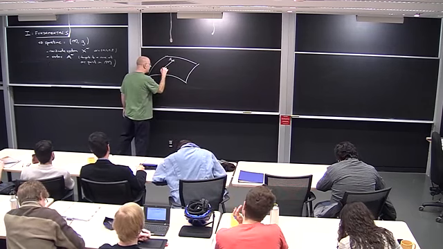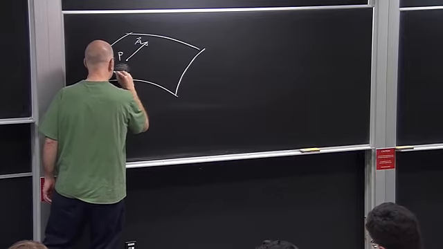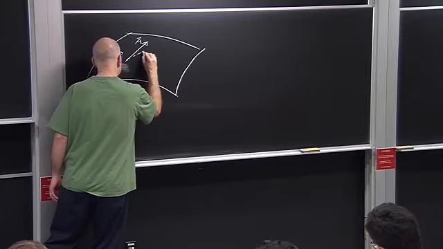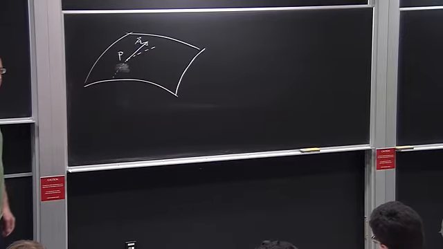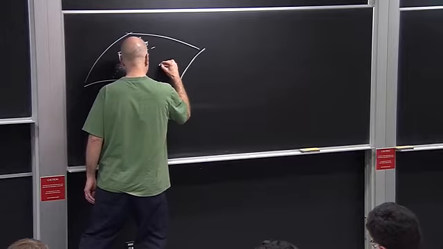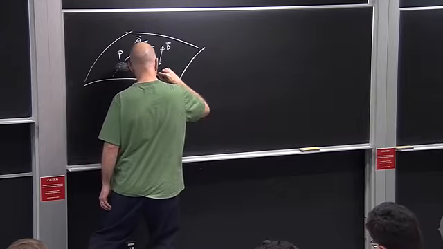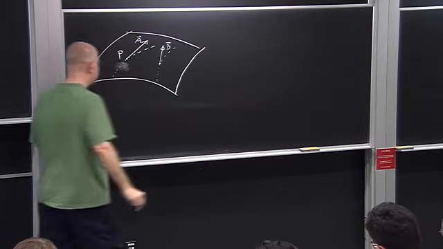The vector is defined at that point P, and I can think of it as being tangent to a curve that goes through P. If I talk about another vector at some different point, I would think of that vector as also being tangent to a curve that goes through that point.